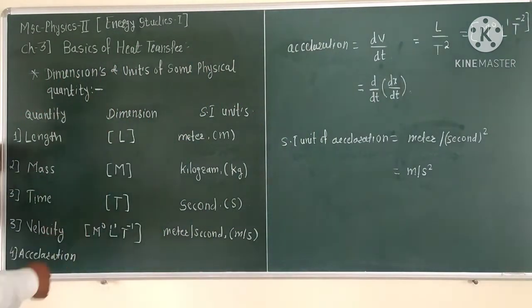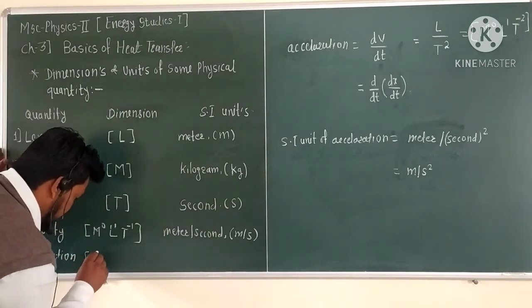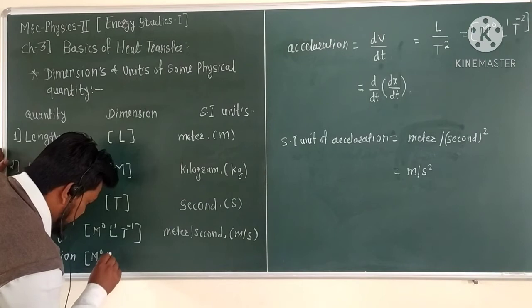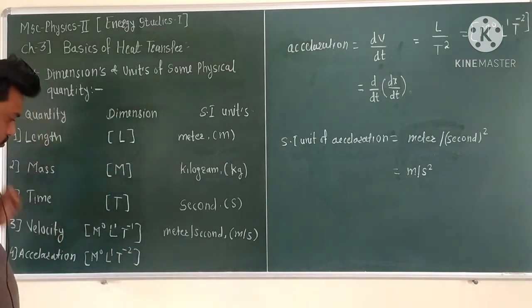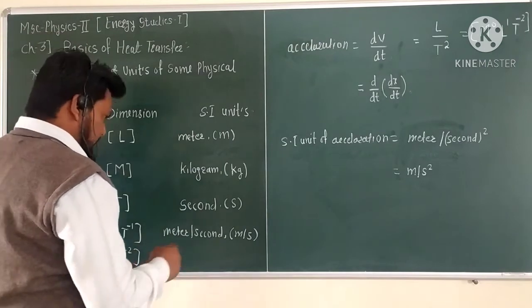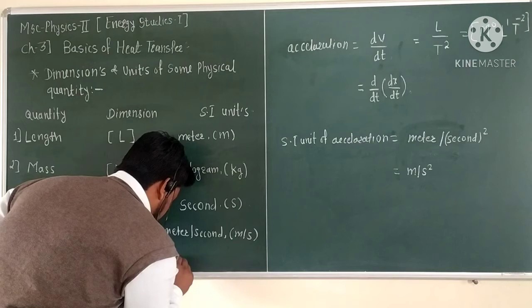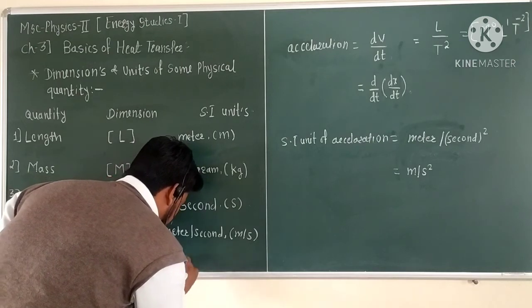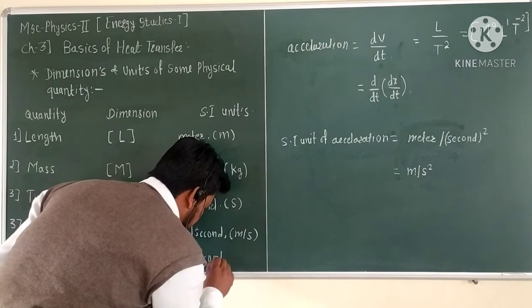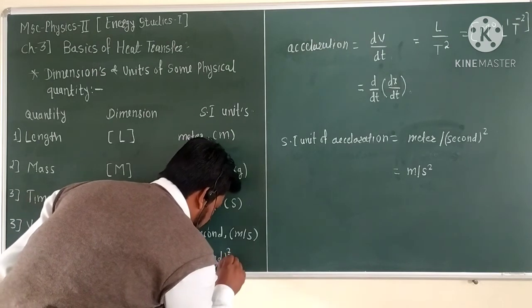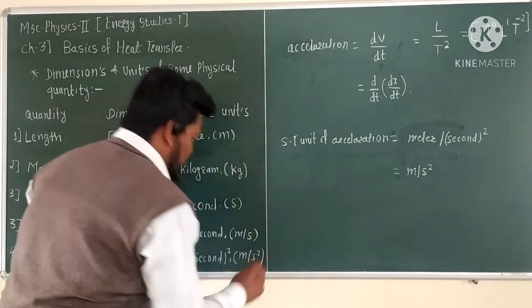So we write here that the dimension of acceleration is M power 0, L power 1 and T power minus 2, and the unit is meter per second square.